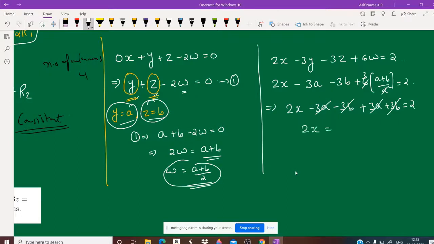What is 2x? 2x equal to 2, so x equal to 1. So what is our solution? x is 1, y is a, z is b.